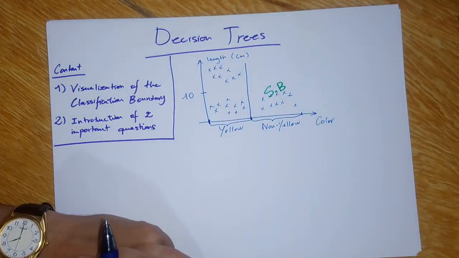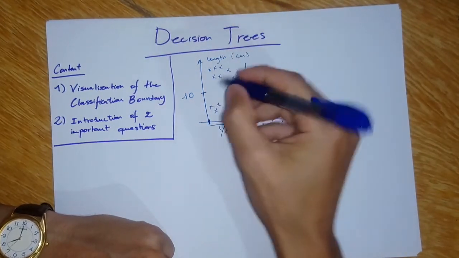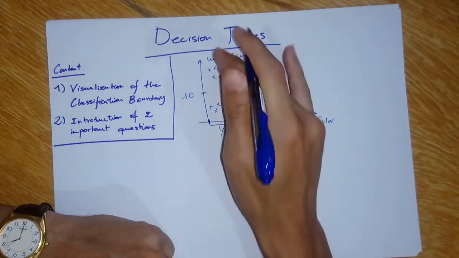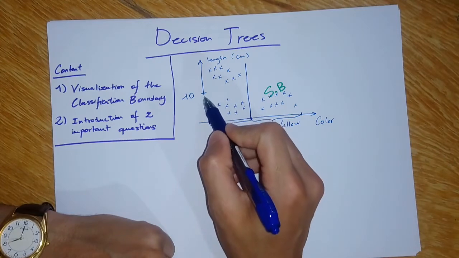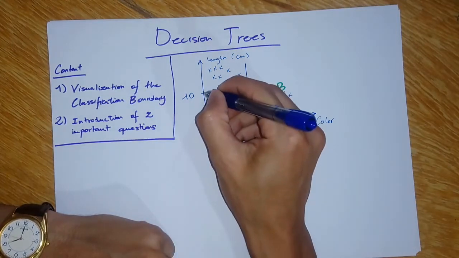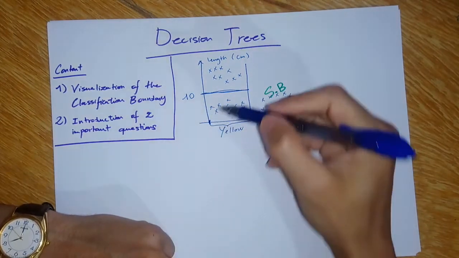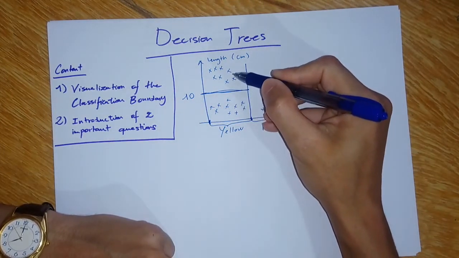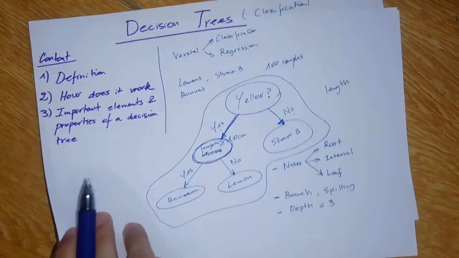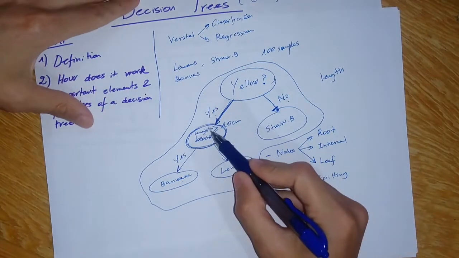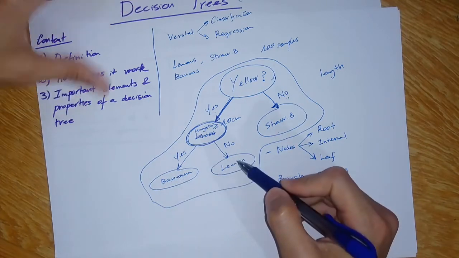So I don't care about these, I care only about this subset. Therefore, when I divide with a line, I divide only this subset that I have here. Okay, so I ask a question about whether the length is higher than 10, and this forms another boundary in this subset. So everything that is higher than 10 centimeters is a banana according to this decision tree, remember. Otherwise it's a lemon.